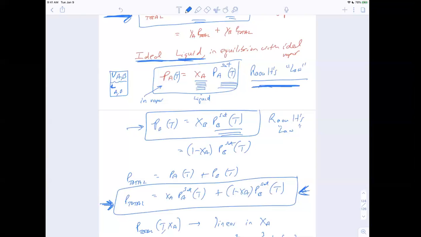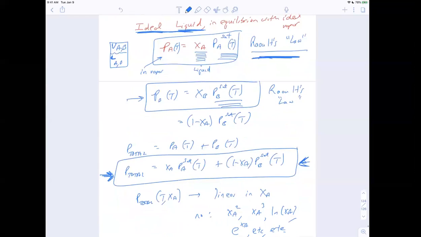The slope is P_A sat, and the dependent variable is x sub A. Likewise, P sub B is also a line. There's an intercept, which is P_B sat, but then it depends on x sub A as minus x_A times P_B sat, when you multiply through the 1 minus x_A term. So both P_A and P_B are lines.